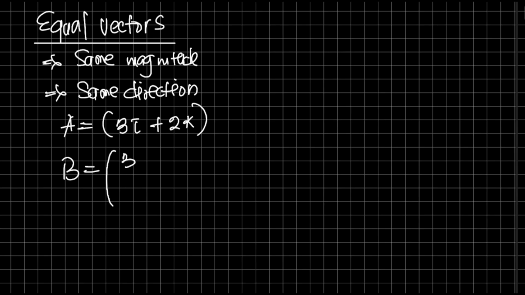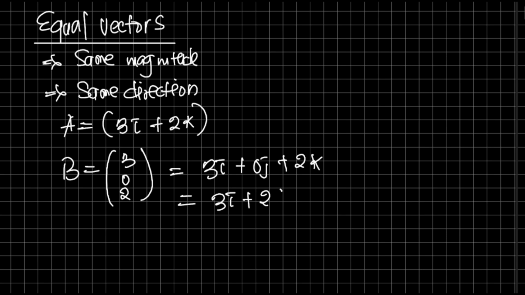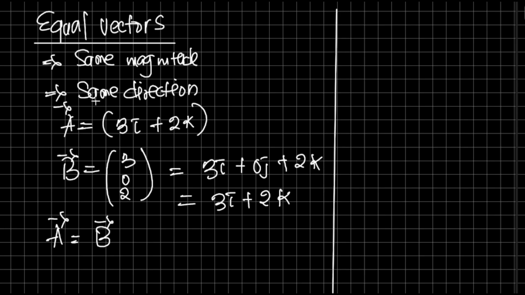So if we represent this, we'll have 3i plus 0j plus 2k, and that will be 3i plus 2k. So here we can conclude that A is equal to B. Okay, and that is equality of vectors. When vectors have the same magnitude and the same direction, then they are said to be equal.